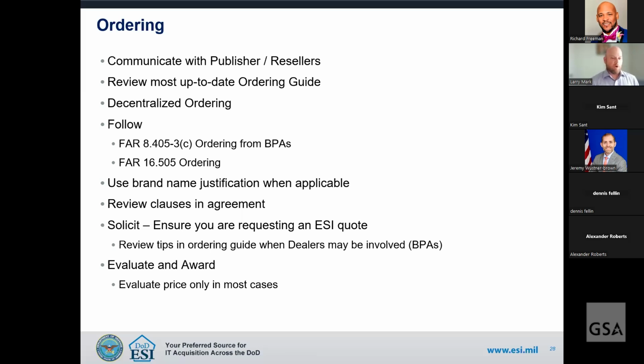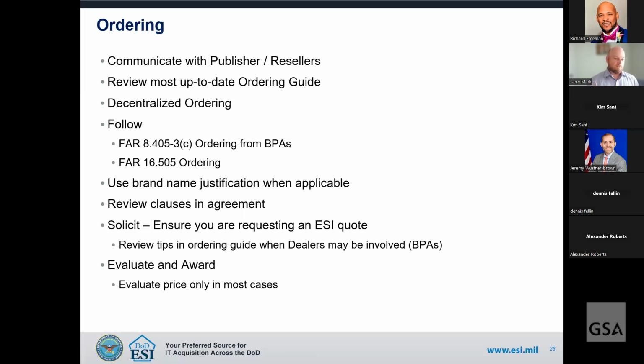Soliciting: ensure you are requesting an ESI quote. Make sure in your solicitation you are saying it's under the ESI. Verify your quotes either say ESI or are using the BPA number or the agreement number. Just make sure that it is an ESI quote and they haven't given you some other sort of quote not through ESI.